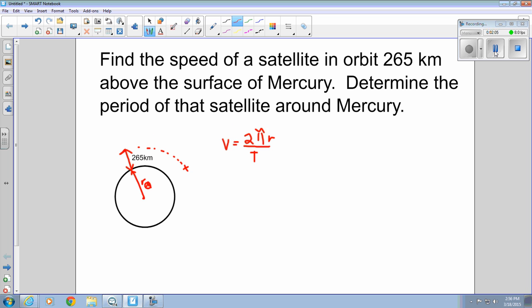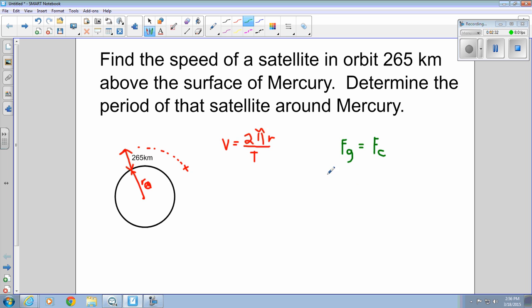We can derive that because we know that the force of gravity that acts on any object orbiting another, or a satellite orbiting a bigger object, is equal to the centripetal force.